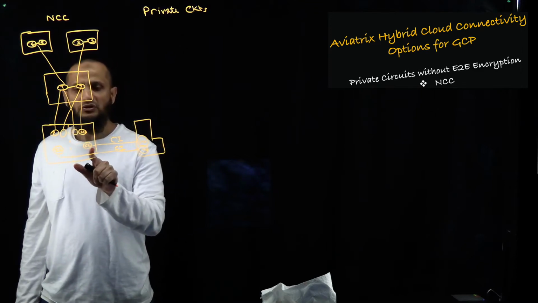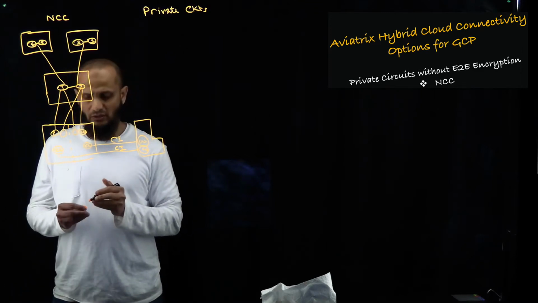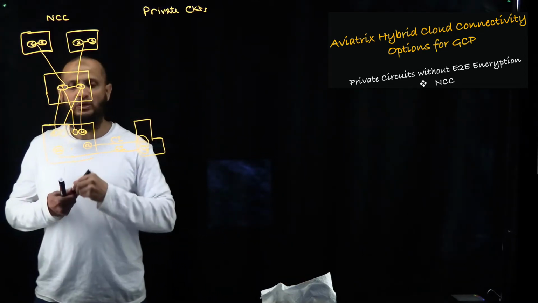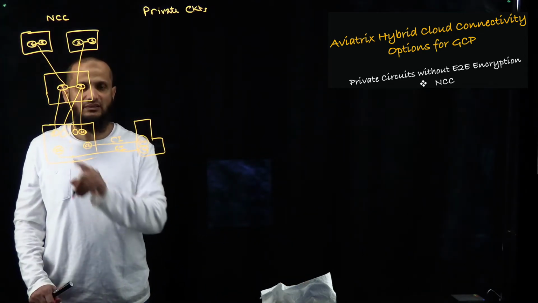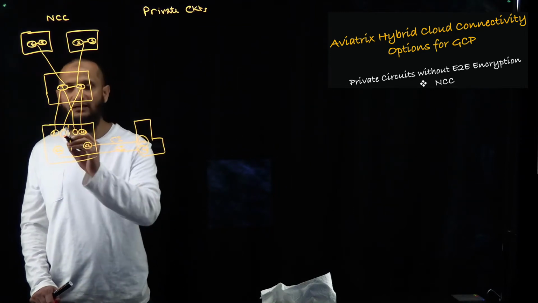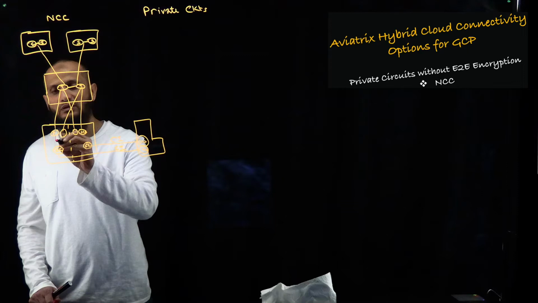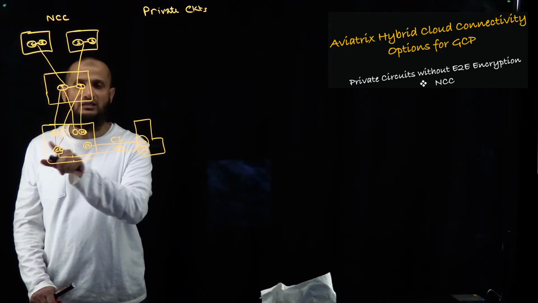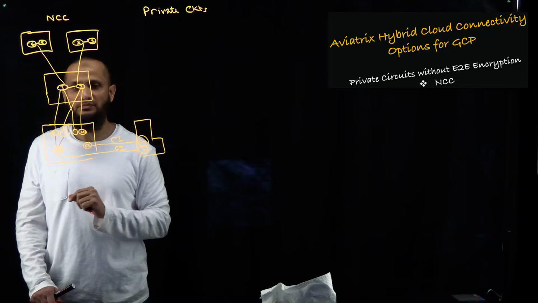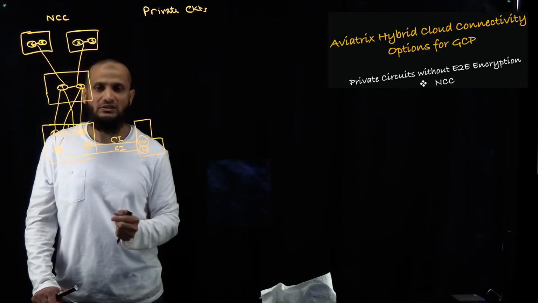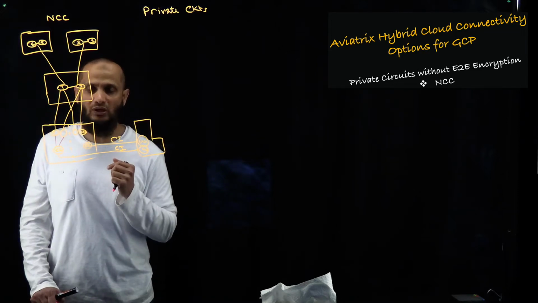In this scenario, we are going to have connectivity between the cloud router and the interfaces of your transit gateway and the HA gateway. By the way, this connectivity is without any kind of tunneling protocol. This is pure vanilla BGP running between them, and Aviatrix calls it BGP over LAN.